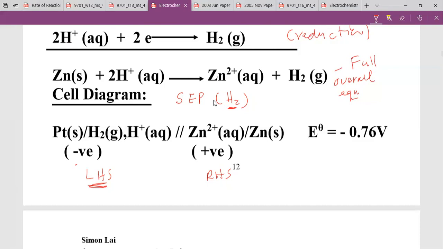I'll come back to this later. I should have done this; my copper is on the other side. Never mind, let's do copper first. According to IUPAC, whether hydrogen is actually negative or positive doesn't matter. In IUPAC, the hydrogen on the left side must always be negative.